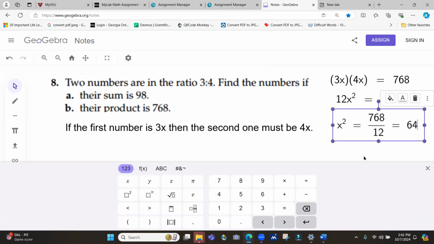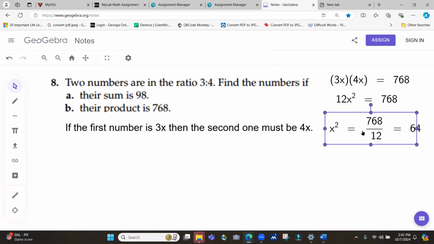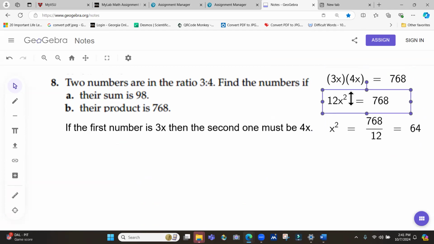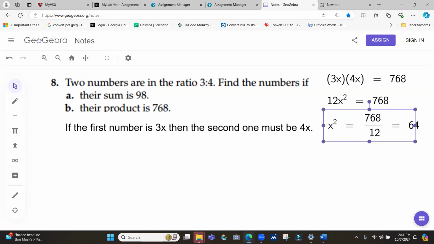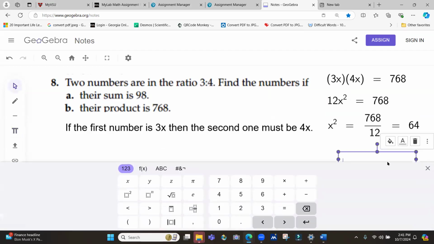Now, you need to find the value of x. If you know the value of x, you can find the two numbers. So x is going to be the square root of 64, which is going to be 8, really plus or minus 8.